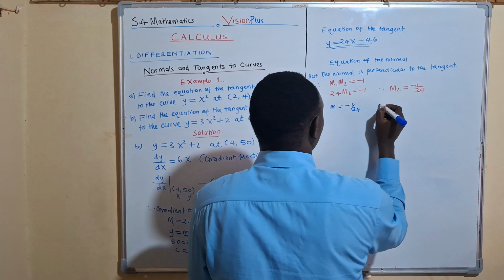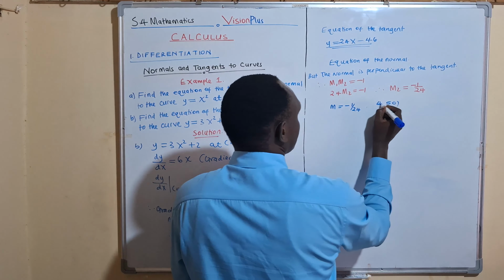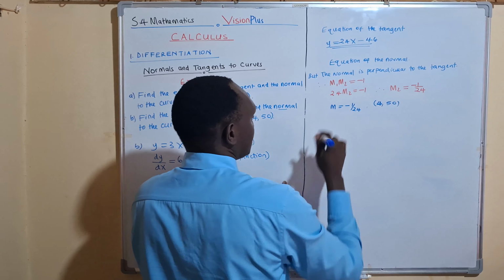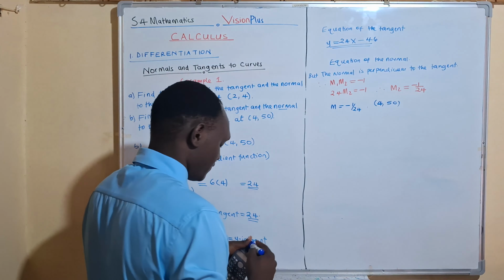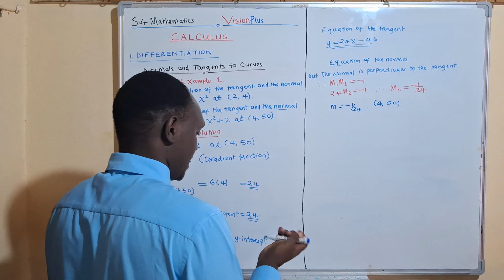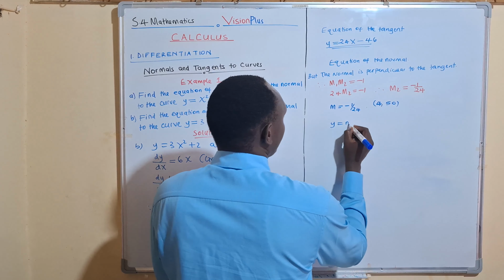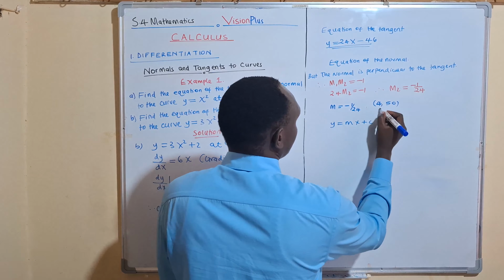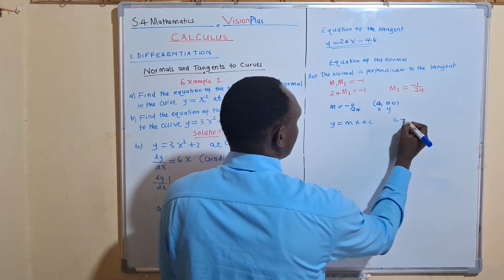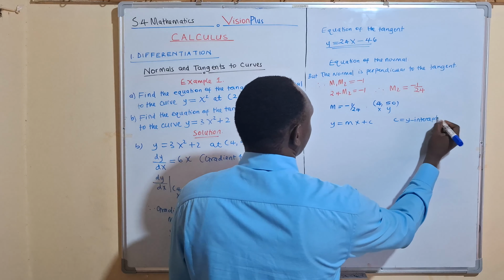So we have the point (4, 50). Since we have the point and the gradient, we can find the equation of the normal, because we know that the normal is a line. So a line is given by y equals mx plus c. This is x, this is y.